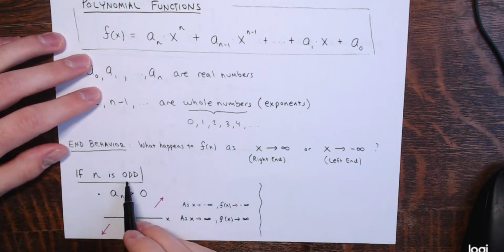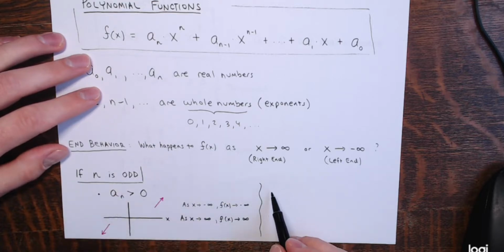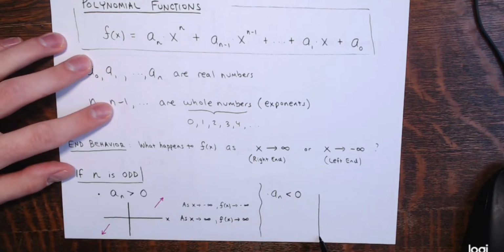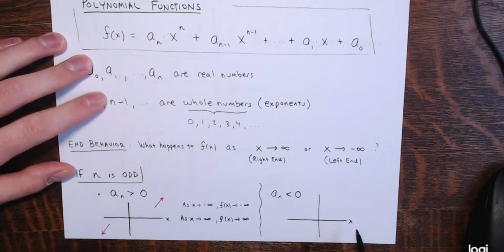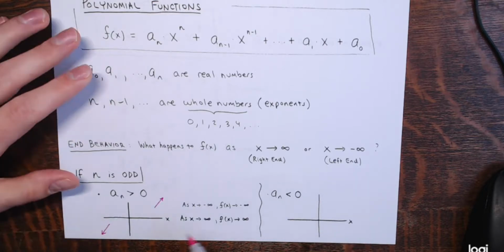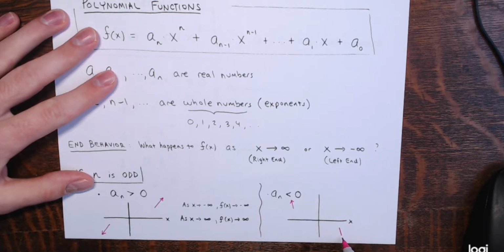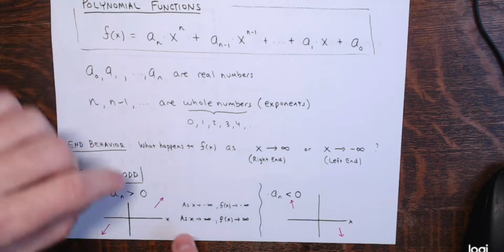Now, if n is odd and the lead coefficient is negative, it just flips this. The end behavior will be that on the left end the graph is going up, and on the right end, when x goes to infinity, the graph is going down forever.